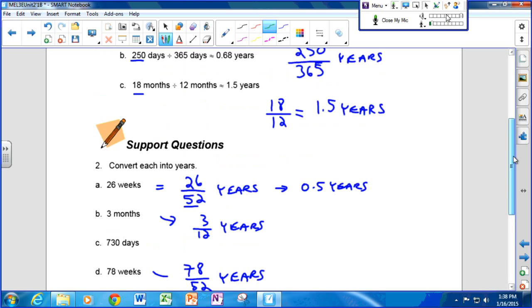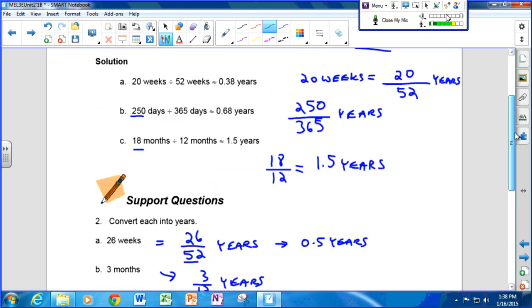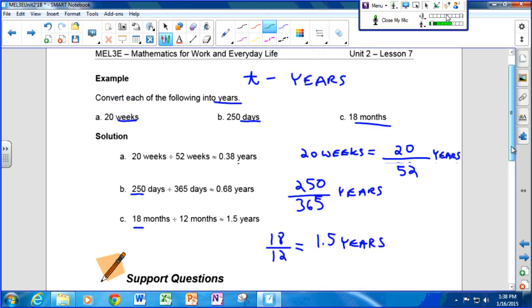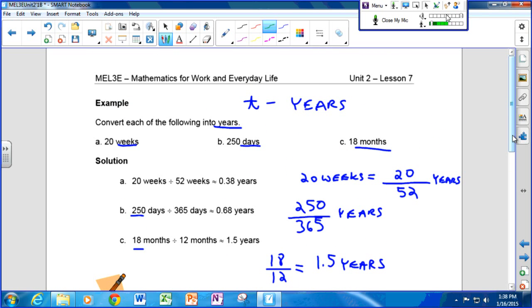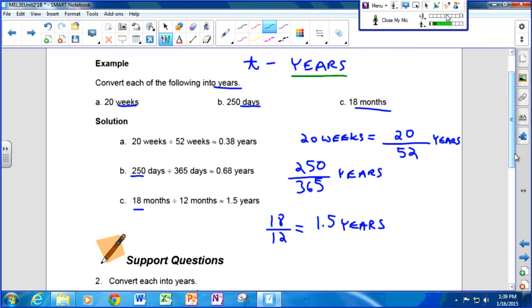Now, sometimes when we're doing I equals PRT, T is in years. So if the length of the investment with simple interest isn't a whole year, sometimes we have to use a fraction for the years.